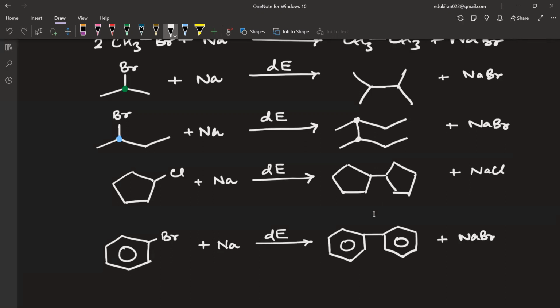For practice, make ugly looking structures rather than wrong structures, I would say. So if it is looking ugly, it is fine.